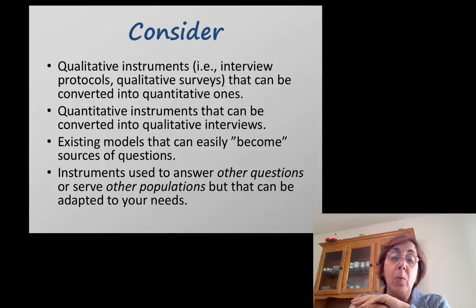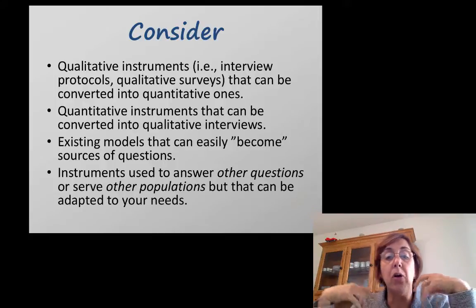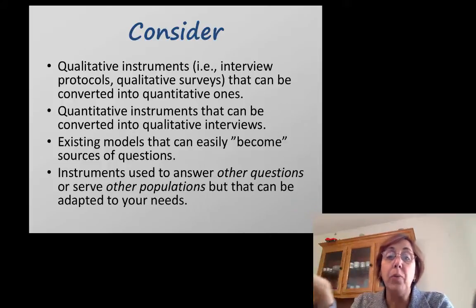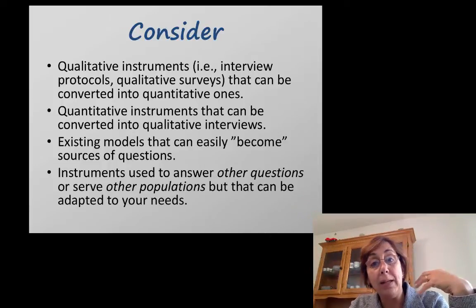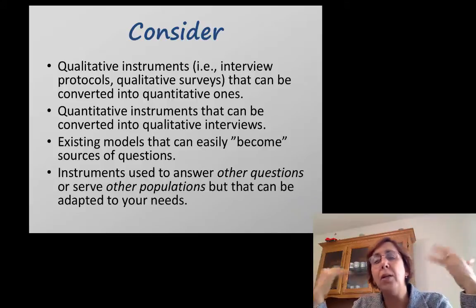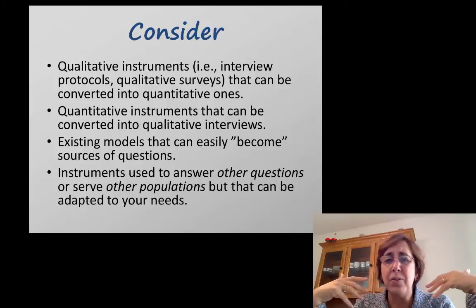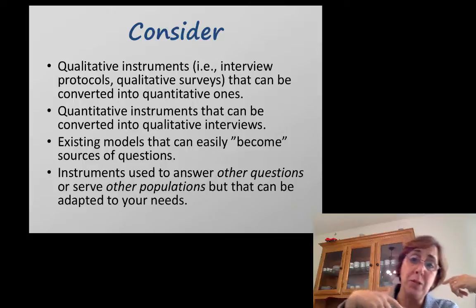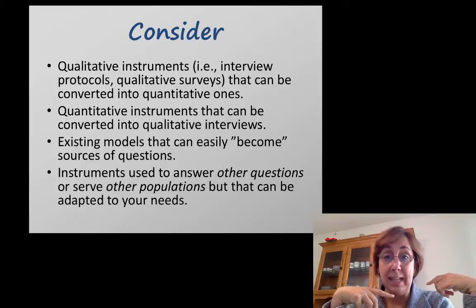For example, qualitative instruments, interview protocols, qualitative surveys. So if you're reading a study that reports on a qualitative review, and it includes usually in the appendix a series of questions, well, those questions could be transformed into a quantitative set of questions.